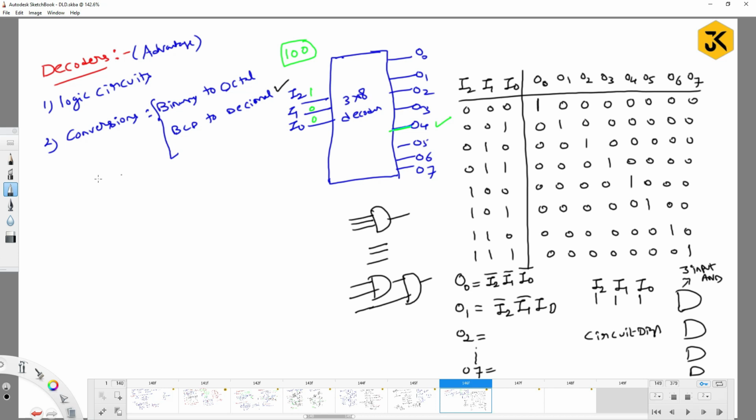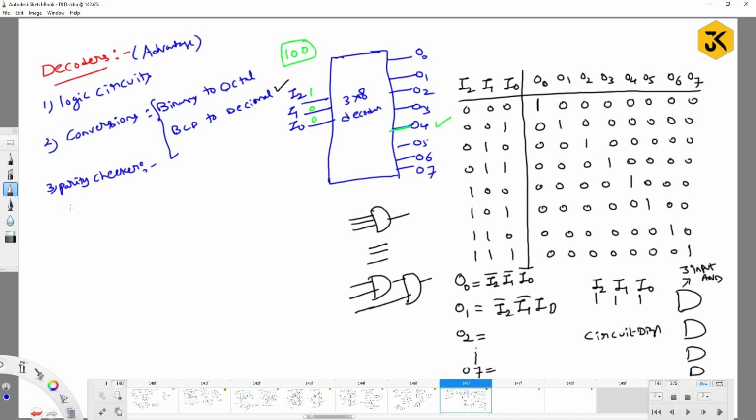Similarly, you can use this decoder for the purpose of a parity checker. What is the meaning of a parity checker? We can define whether it is an even parity or an odd parity.